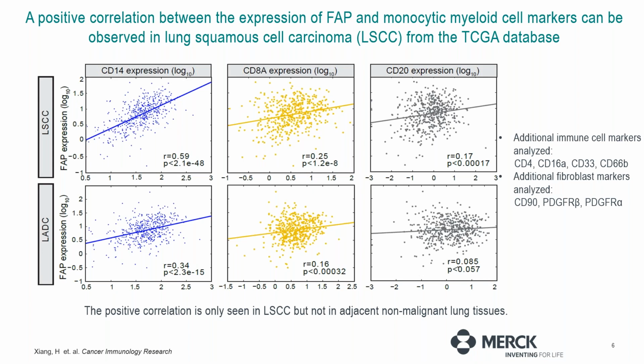We examined the gene expression of FAP, which, as I mentioned earlier, is a marker for CAFs, as well as several immune cell markers such as CD14, CD8, CD20, and other markers. We found that FAP is only strongly correlated with monocytic myeloid cells, such as CD14, CD16A, CD33.